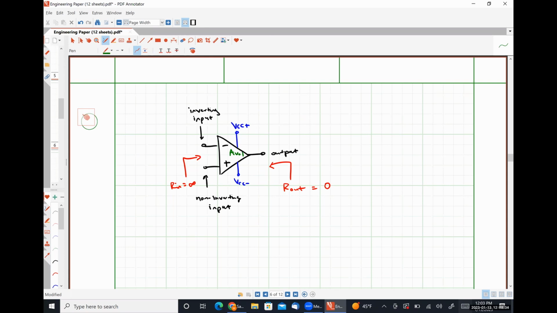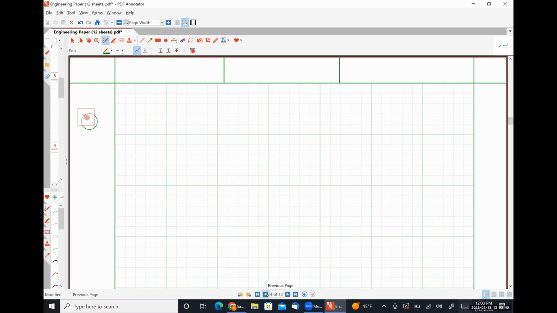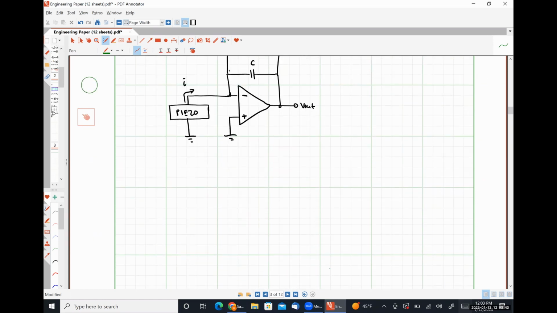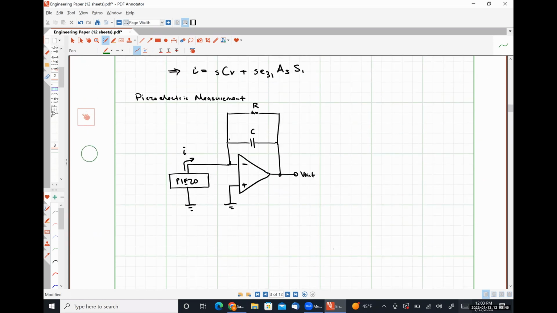Okay, now let me go back a couple of pages here. All right. So the amplifier that we are using is in a negative feedback configuration.